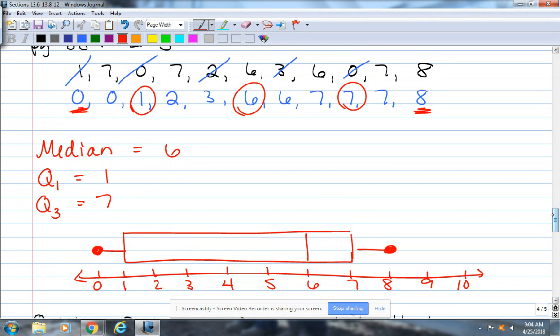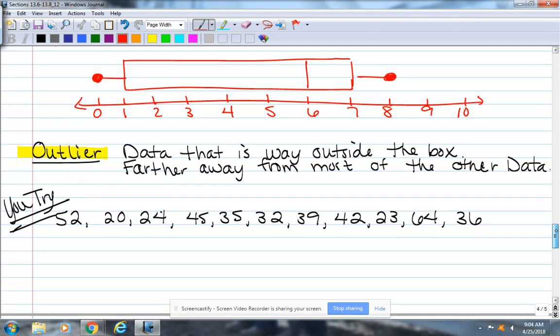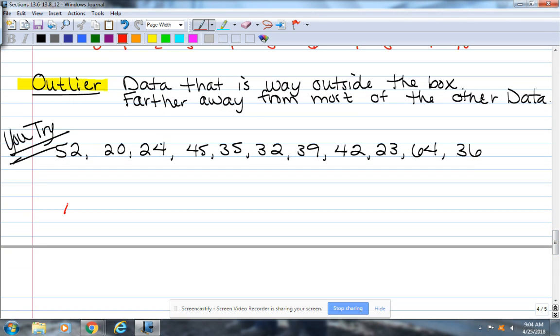All right, I want y'all to try one on your own, actually. Let me count my data. 1, 2, 3, 4, 5, 6, 7, 8, 9, 10, 11 again. So you could do these by tens if you want to when you're making your number line.